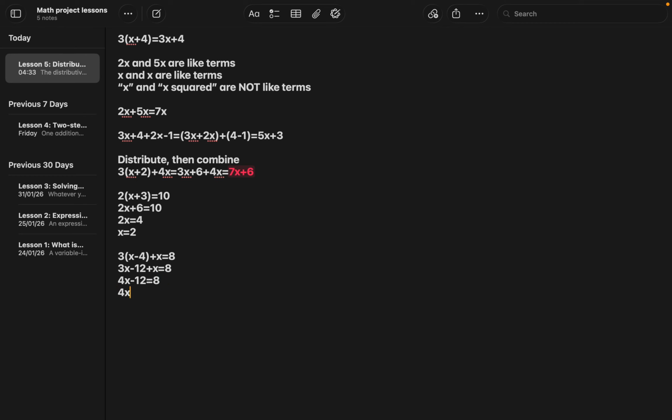The value of 4x here is 20, so x becomes 5. What I have done here is that we distributed first, and then we combined like terms. We added 12 to both sides, and then we divided both sides by 4, and here we got the value of x.